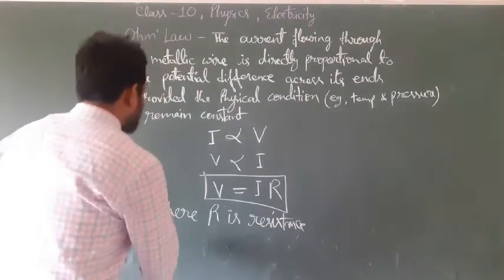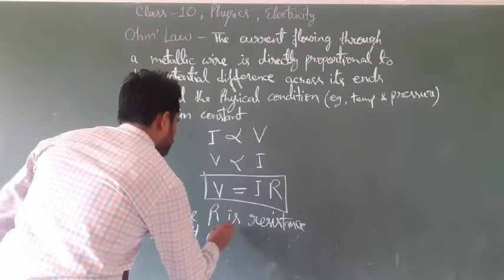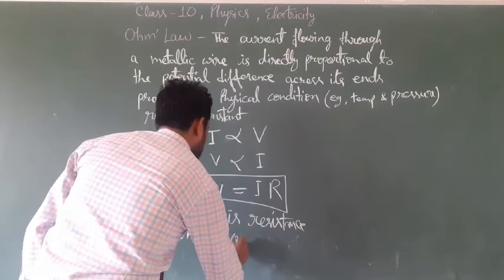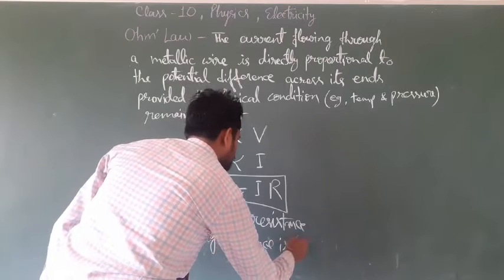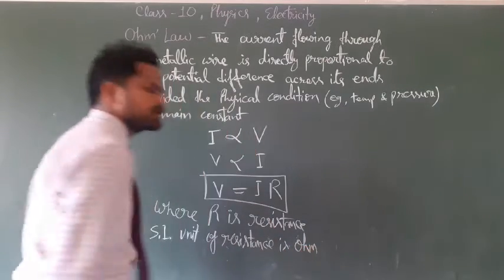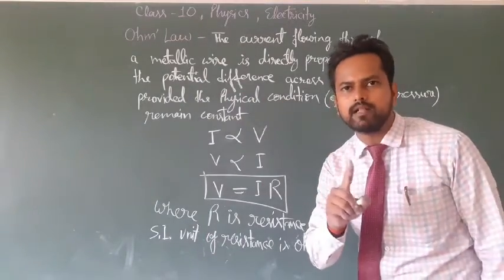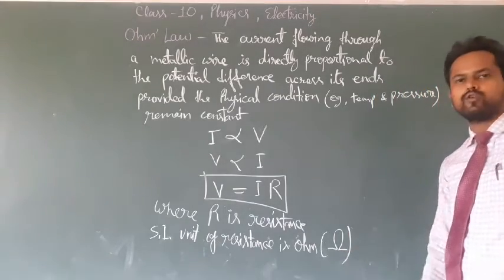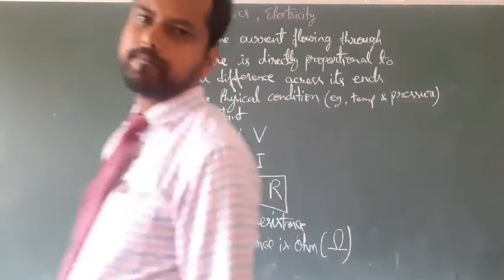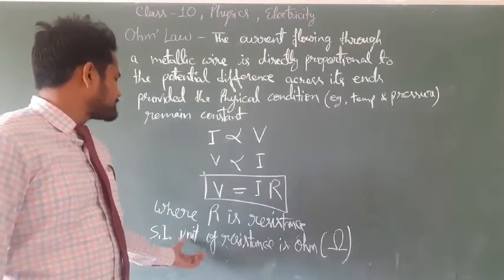And the SI unit of resistance is ohm, and this is represented by the symbol omega. Ohm is denoted by this symbol omega. So always remember R is resistance and the SI unit of resistance is ohm.